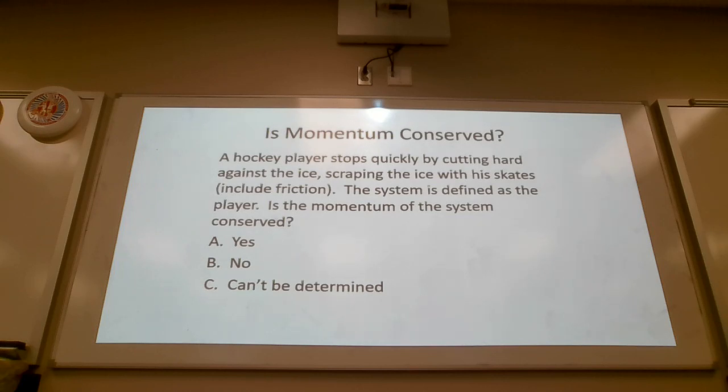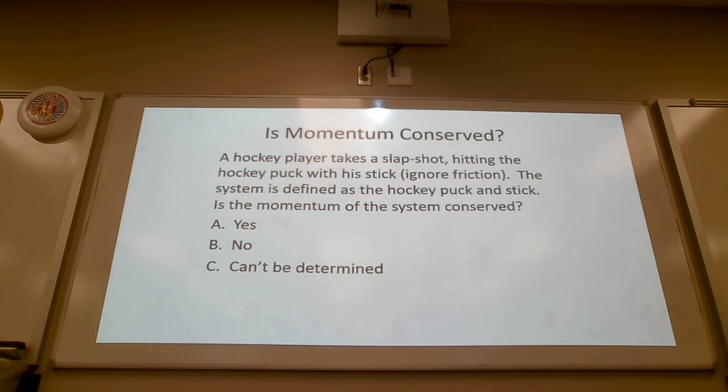Correct answer is B. No. What's the unbalanced external force? Friction. Next scenario.